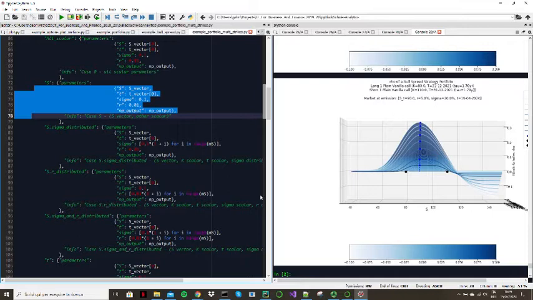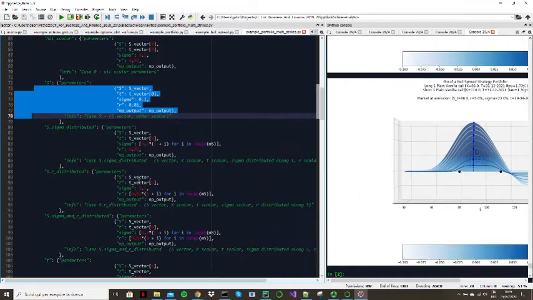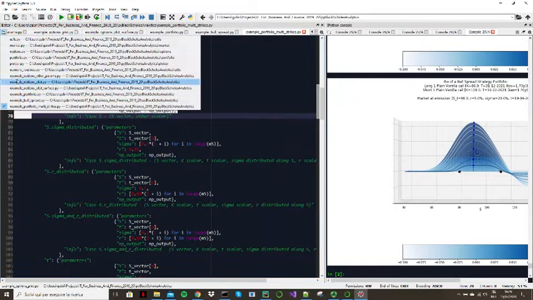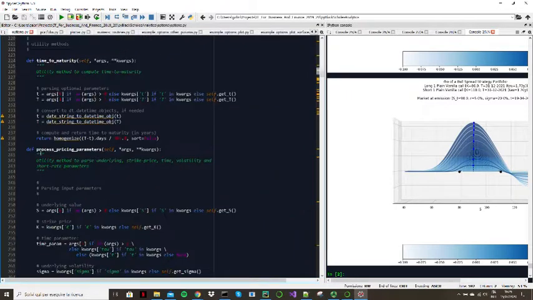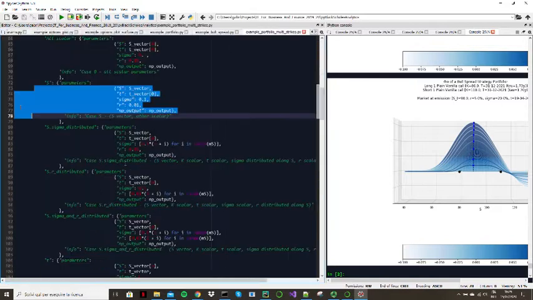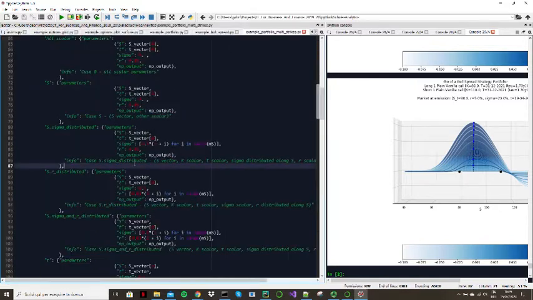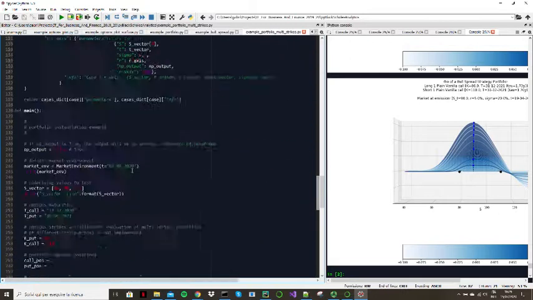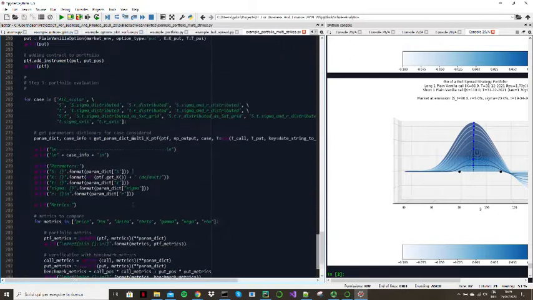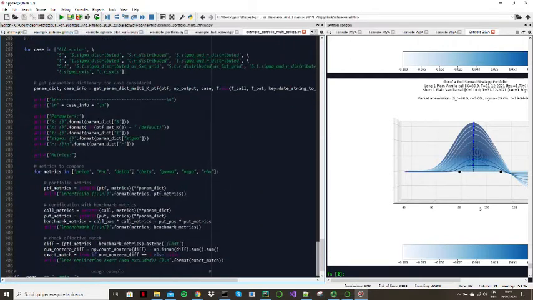And all these setups pass by the process pricing parameters function that organizes the different pricing setups. So for example, this is fine.